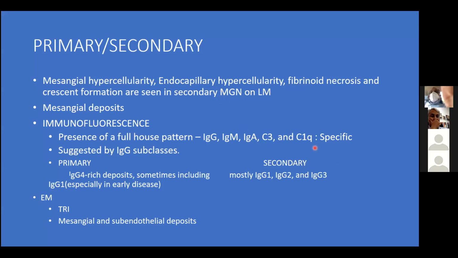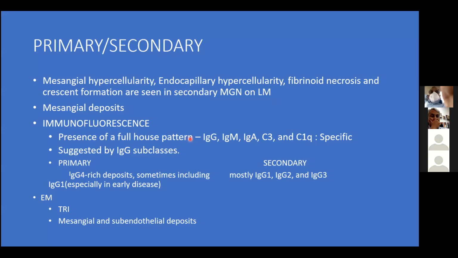But if you are seeing C1q along with IgA and IgM, that is a full house pattern, and that is also telling that we are dealing with lupus-related membranous nephropathy. So we should know which immunoglobulins and complements are positive on immunofluorescence, apart from the pattern of deposits.